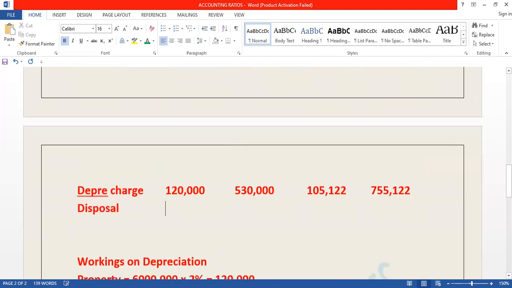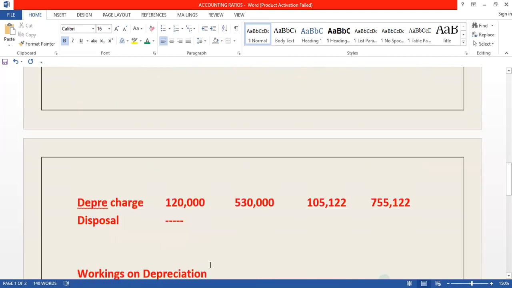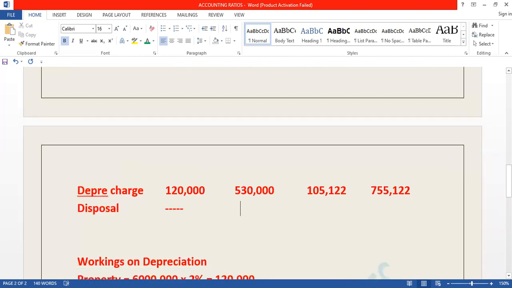I'm not sure we have that. Then under P and M, what do we have? 293,000. So this will actually be in negative as well, showing that you have removed it from the asset.